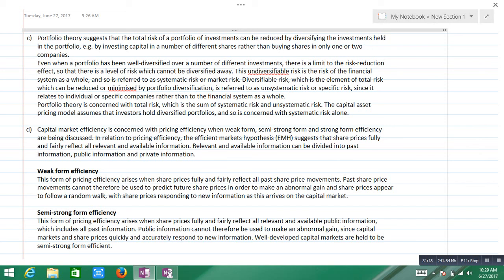That's the assumption of the CAPM. But in the real world, unsystematic risk cannot be fully diversified away, although it can be minimized. I already put this in the Word document for your part C.